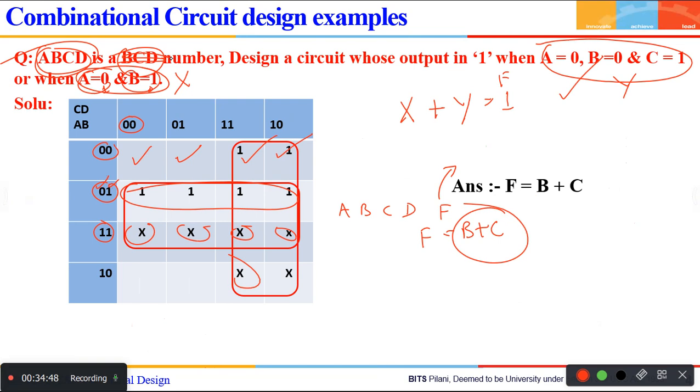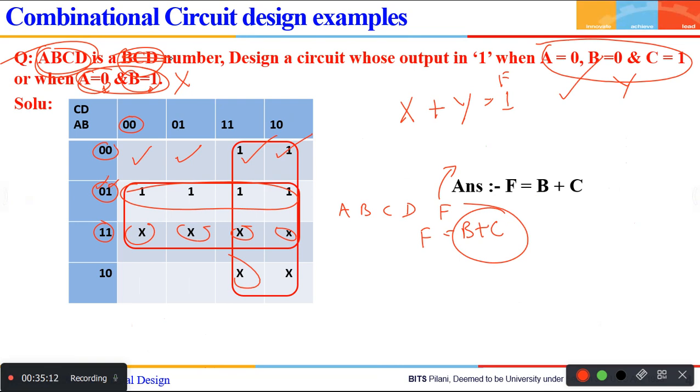In this case, since it is BCD, all the combinations above 9, we are making it a don't care. Why? Because those inputs are of no importance for us. Whether your output will be 0 or 1 because of those inputs, we are not bothered at all. That's why you put all this output to be equal to X.